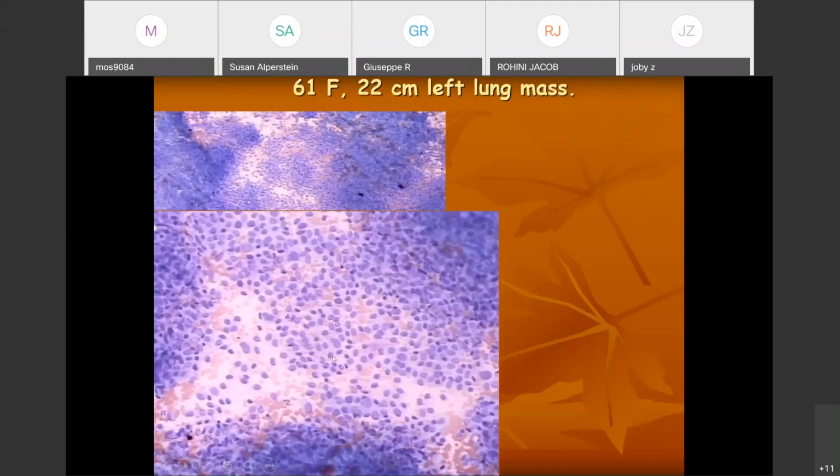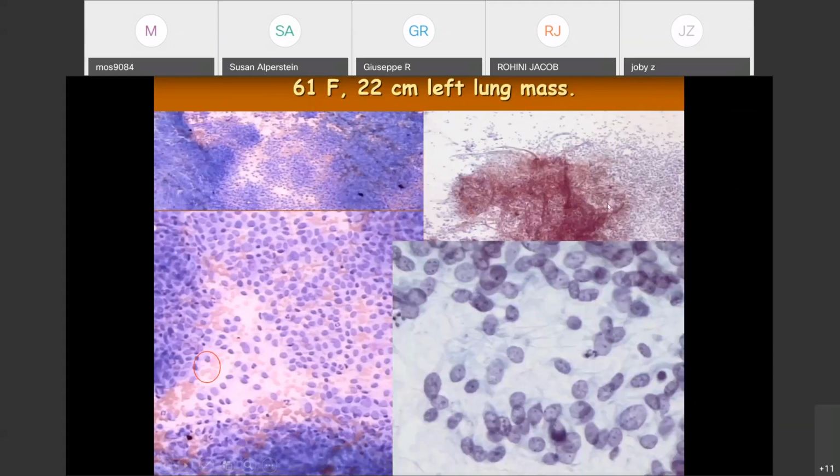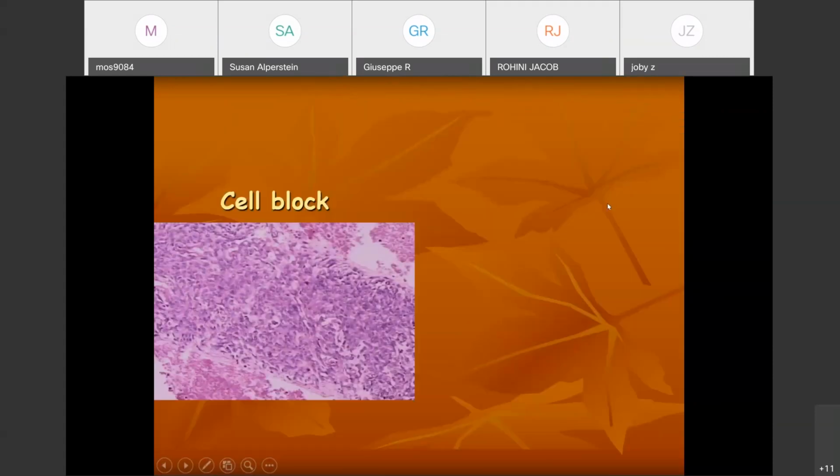Here's a 61-year-old with a lung mass. What is this? It's a spindle cell mesenchymal tumor.